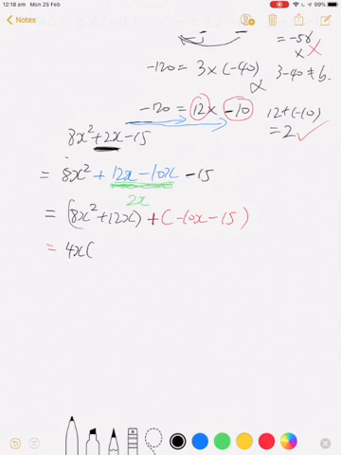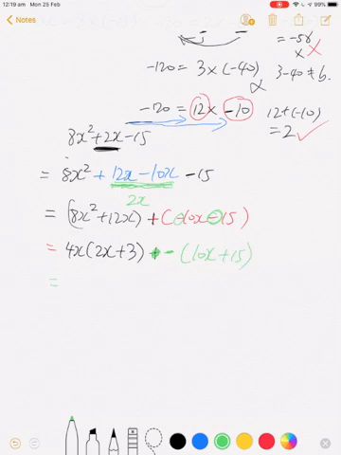Take 4x out, we have 2x plus 3. For the second group, we take the negative out, so we have 10x, and when I take the negative out, we have a positive 15 left in the bracket.